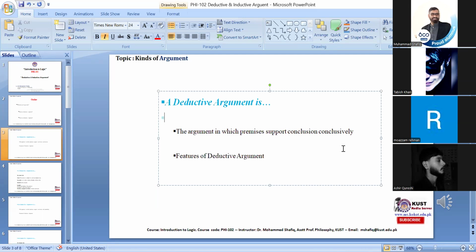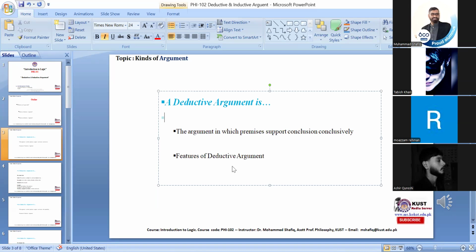Now, if we consider these two propositions to be true, if we presume that all students are intelligent is true, and then we consider Mr. X is a student to be true, the conclusion which says, therefore, Mr. X is intelligent, would be 100% true if both of the premises were true. So that is what it means to be conclusive.